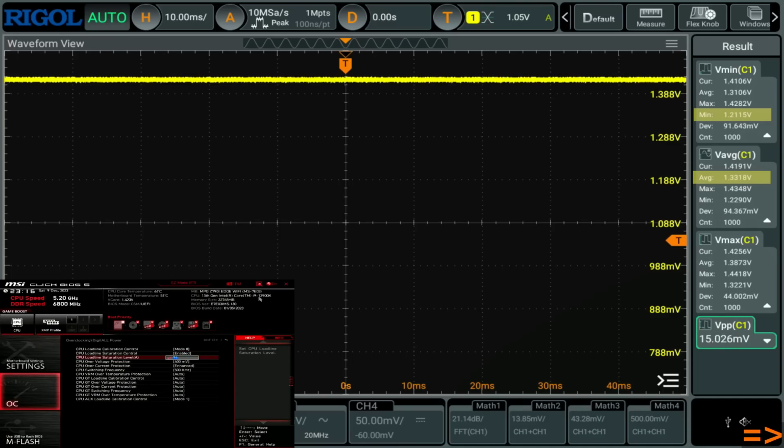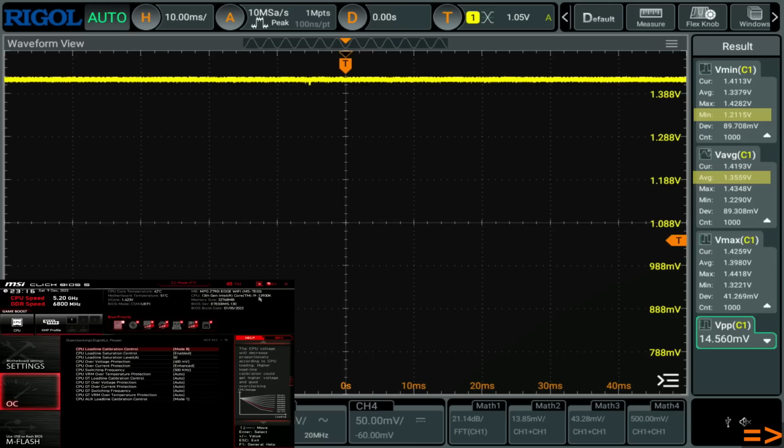We're not going to try 100 amps, because I think at 100 amps it's not going to be that useful. We're going to do like 50 amps. Off the top of my head, Y Cruncher with the settings we're running right now pulls like 250 amps.